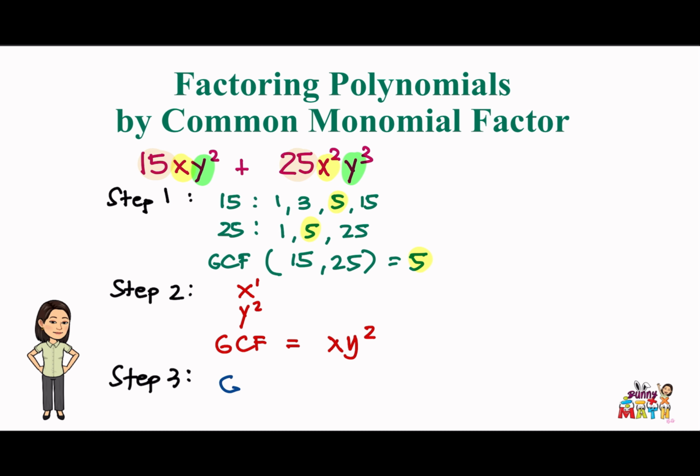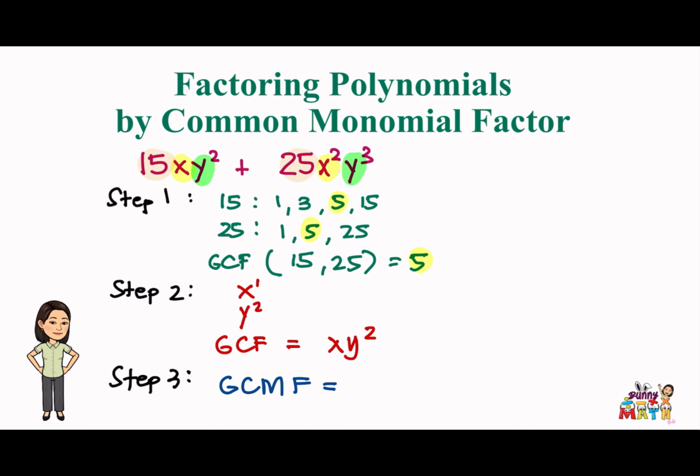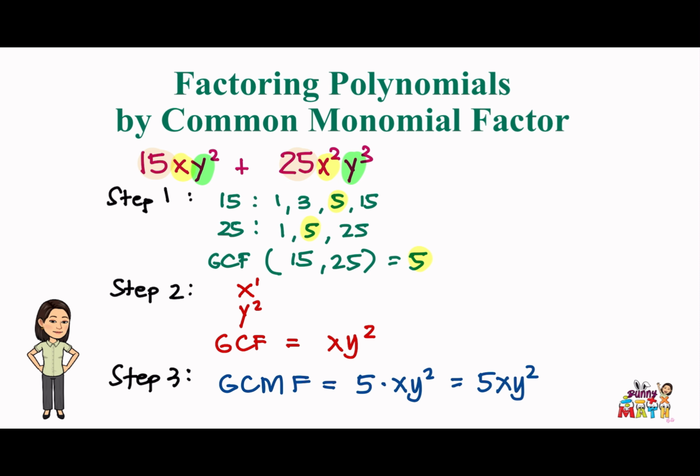Step 3 is getting the GCMF. This is done by getting the product of the GCF of the numerical coefficients and the GCF of the common variables. Multiplying together, we get 5x y raised to 2 as our GCMF.